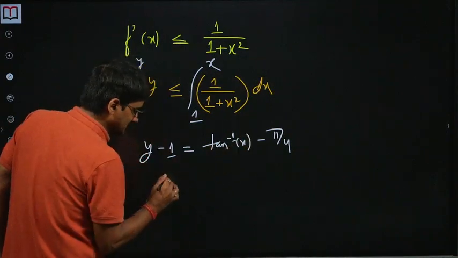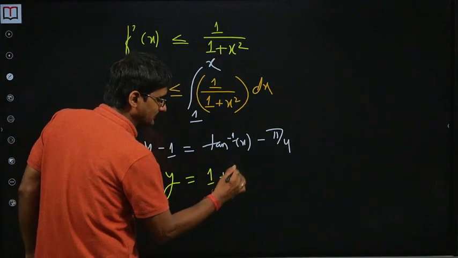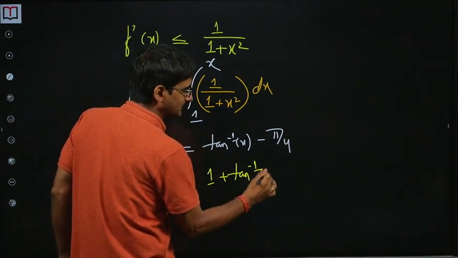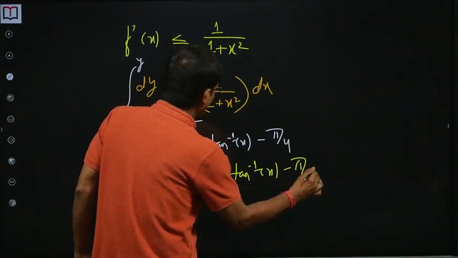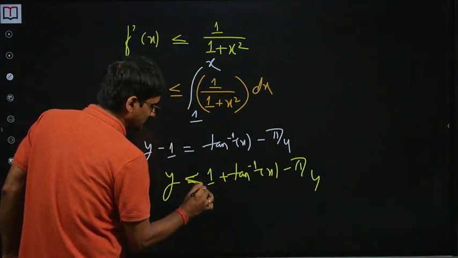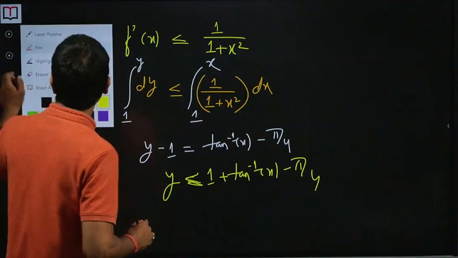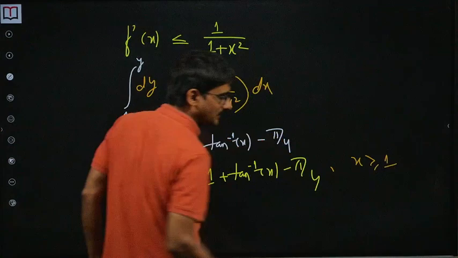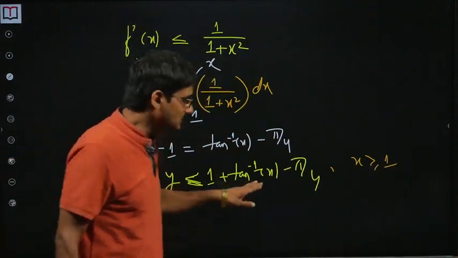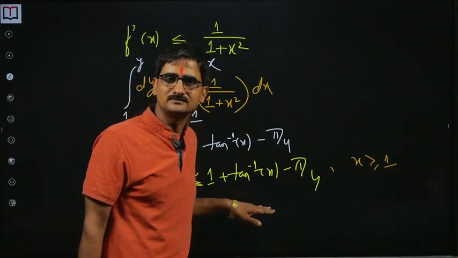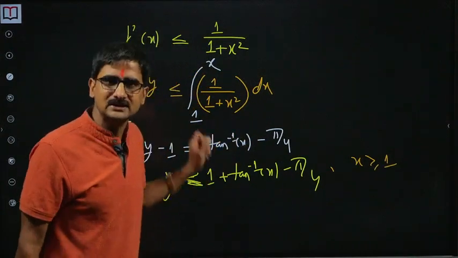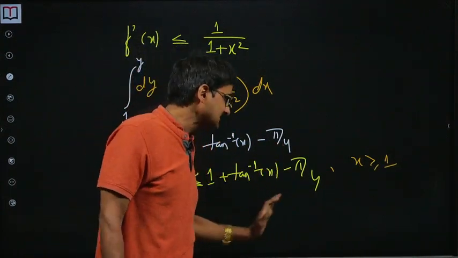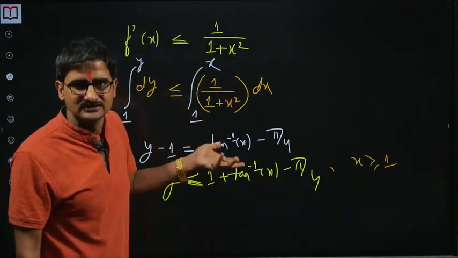So take one that side, so y is equal to 1 plus tan inverse of x minus pi by 4, and it's an inequality, not equal to, so less than or equal to. Now if it is less than or equal to for all x greater than or equal to 1, and tan inverse x is an increasing function, then it will be less than its value when x approaches infinity.